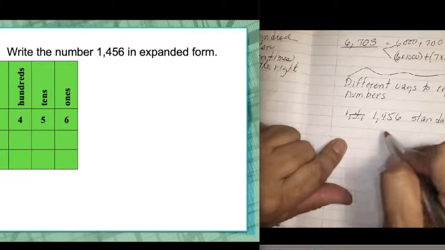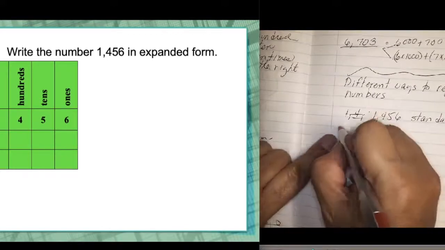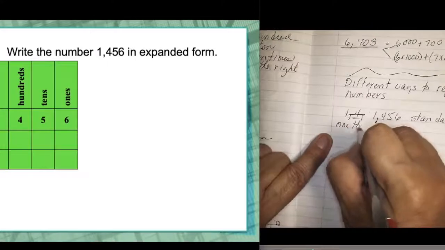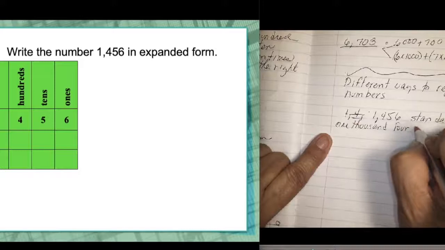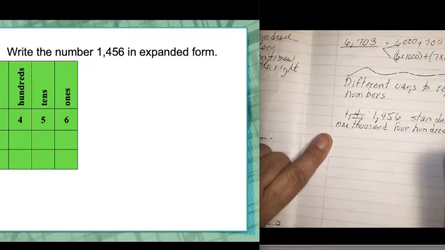If I were to write it out, that would be the word form. Let's go ahead and practice that. 1, remember the comma is your thousand. 1,456. Make sure you put a hyphen because it's 56. That is considered my word form.